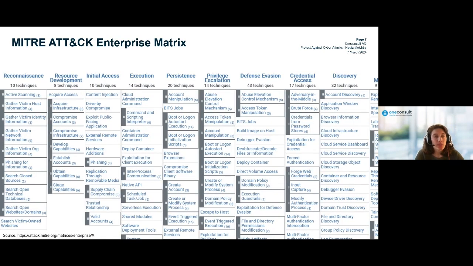So these initial access vectors are also present in the MITRE ATT&CK matrix. So MITRE ATT&CK is a globally accessible knowledge base of adversary tactics and techniques. And this matrix is a framework for understanding and categorizing various tactics and techniques that attackers use during cyber attacks. So in this webinar, we will focus on the attack techniques for initial access.